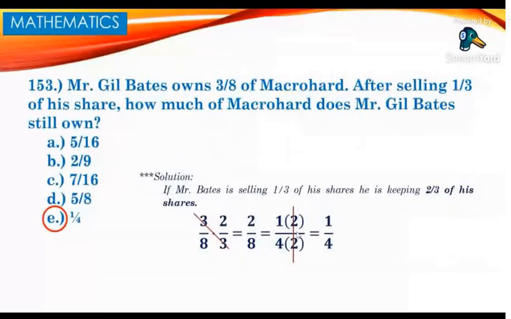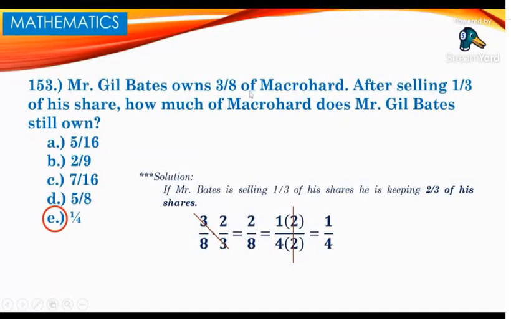Okay, paano po naging 2/3? Okay, sige. Paano po naging 2/3? Okay, kasi binenta niya yung 1/3. Let's consider na buo yung shares niya. That is 1. So pag binenta niya yung 1/3, ibig sabihin 1 minus 1/3, that is equal to 2/3. No, hindi po natin i-minus si 3/8 sa 2/3 ha. Kasi po, yung nasa problem po is of.